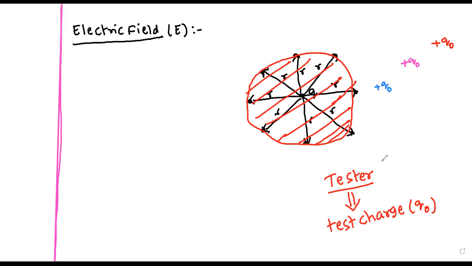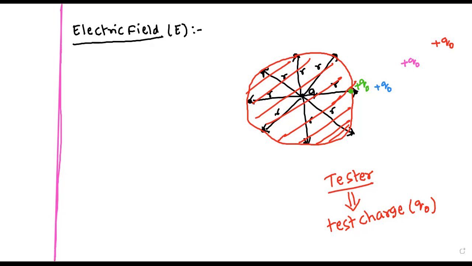Even here, I am moving the test charge closer to the given charge. Here also I didn't find any effect of the given charge. So then I kept it here. Like that, I am measuring the distance up to which the charge is distributed.